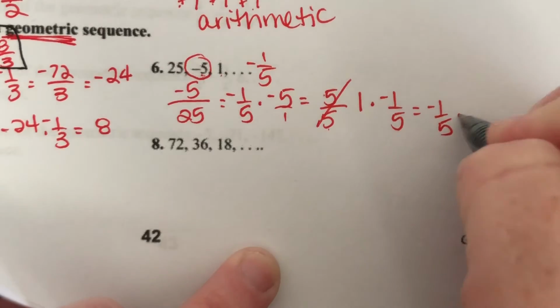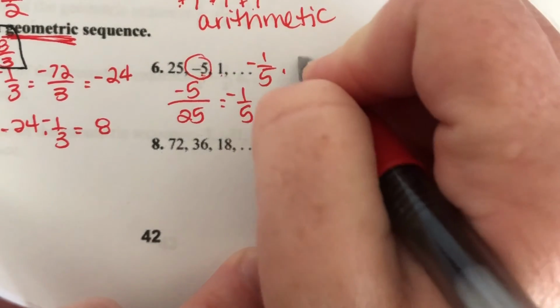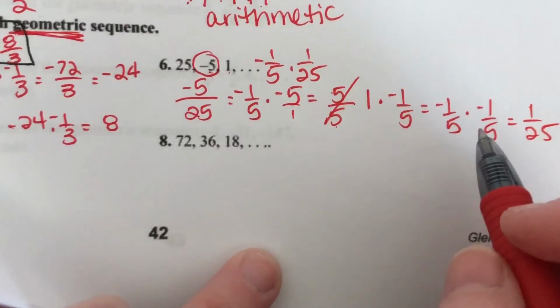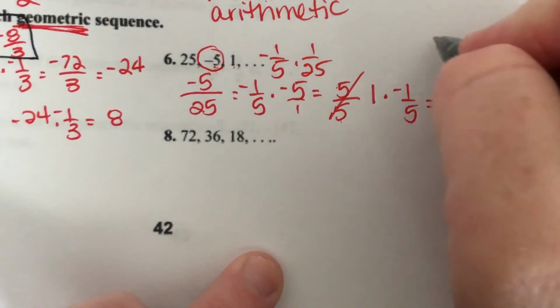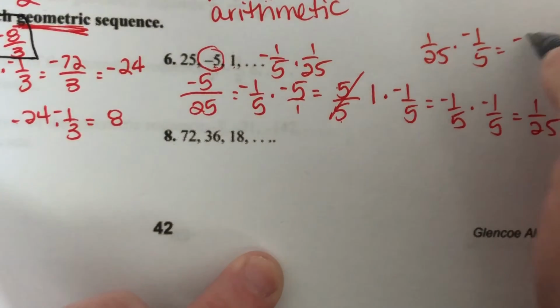And then I multiply that by negative 1 over 5, so I get positive 1 over 25. And then I multiply 1 over 25 by negative 1/5, so I get negative 1 over 125.